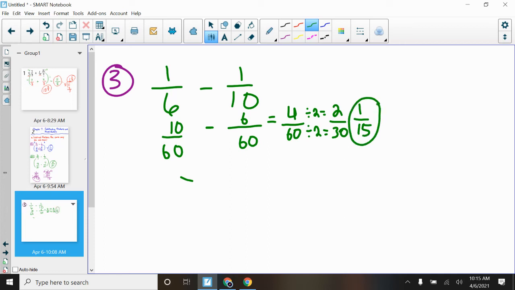Good work. Okay. All right, let's take a look real quick at Sophia's problem. She did everything beautifully, okay? She started out her problem here, and she chose 60 as her least common denominator. That's good. That's fine. Is it the least common denominator, though? No. It's okay, though, because she got to the finish line. The answer should be 1/15.